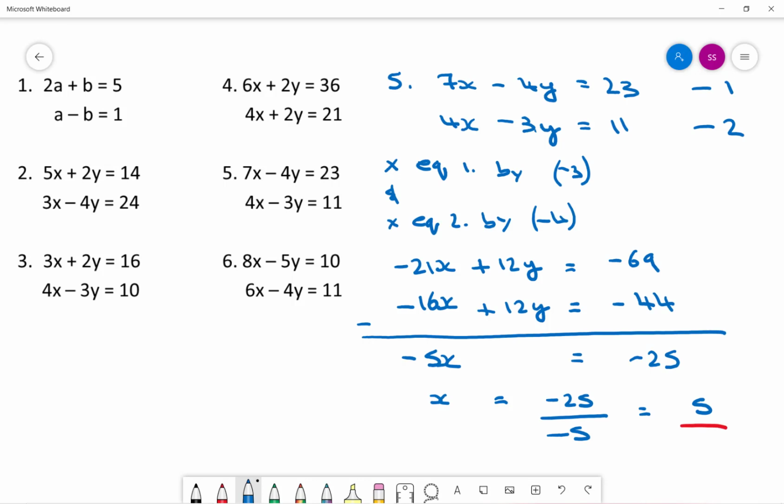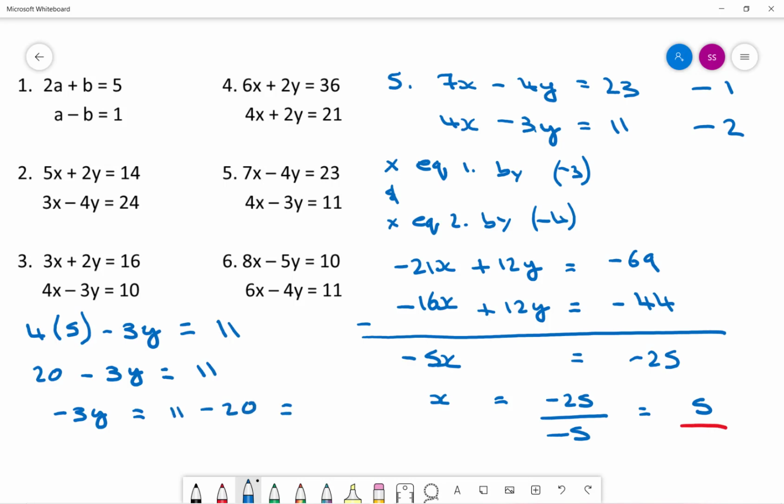If we now substitute our x value into an equation, I'm going to pick on the second one. It will be 4 multiplied by our 5 minus 3y equals our 11. 4 times 5 is 20. If we take the 20 on the other side, we'll end up getting negative 3y equals 11 minus 20. 11 minus 20 is going to give us negative 9.